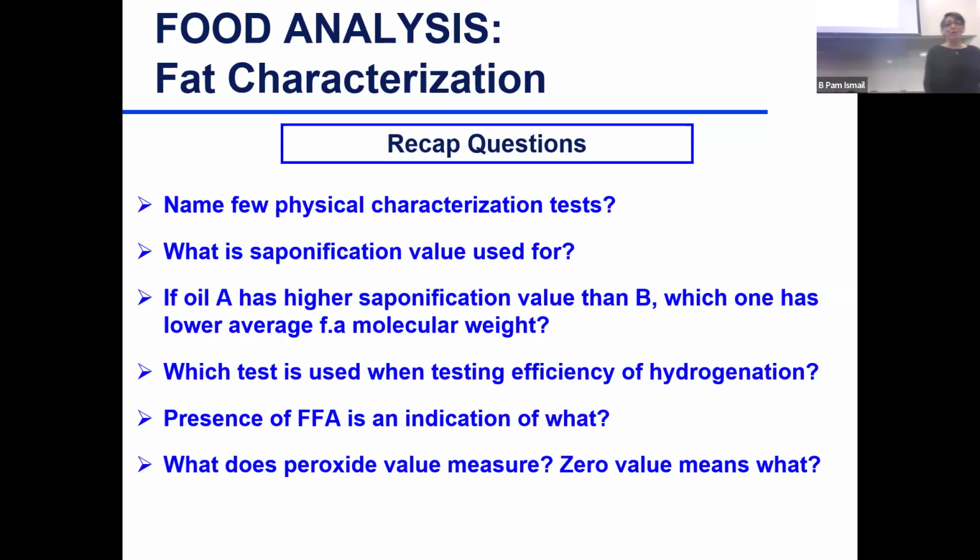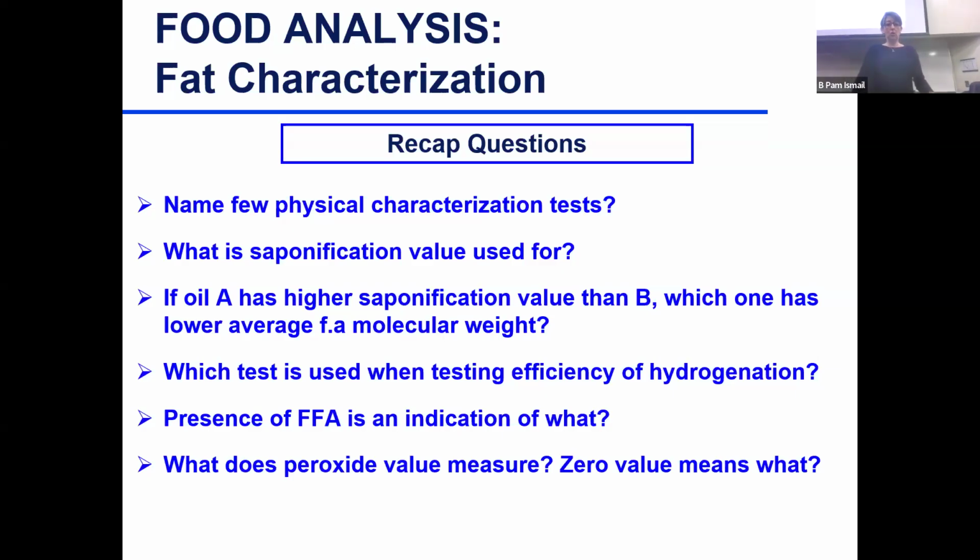So these are a few physical tests that are done for identification purposes, but also to determine the impact of processing. For example, frying in the same oil multiple times creates free fatty acids, and free fatty acids will have a lower smoke point. Also testing winterization by cloud point or cold point. So these kinds of tests.